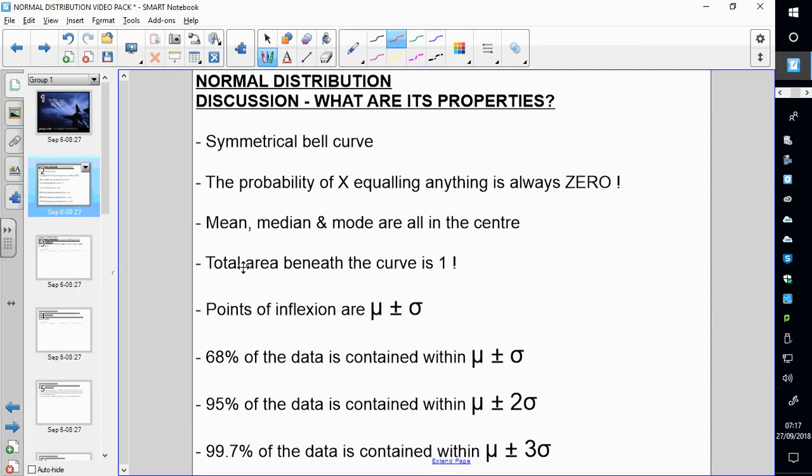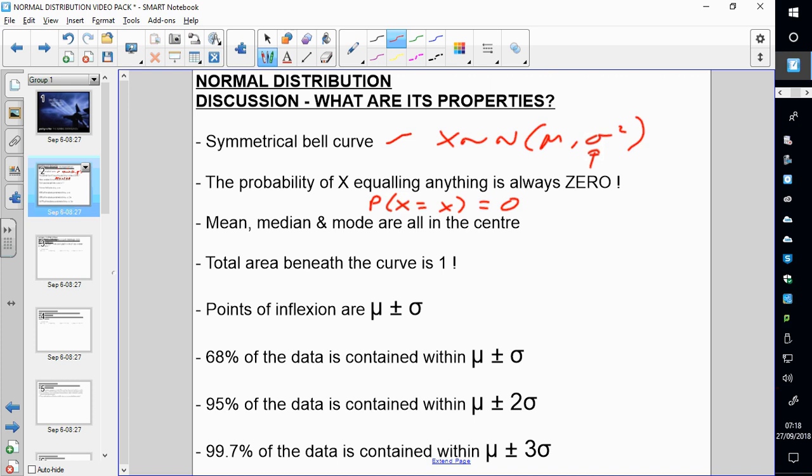We've talked about the symmetrical bell curve. The probability of x equaling anything is always 0 in a normal distribution. So if x is modeled as a normal distribution with mean mu and standard deviation squared, so variance, then the probability of x equaling anything is always 0.